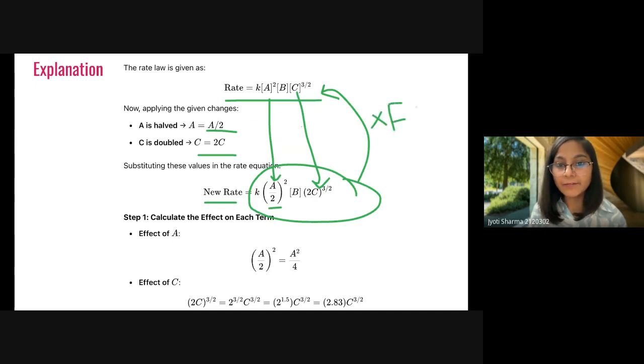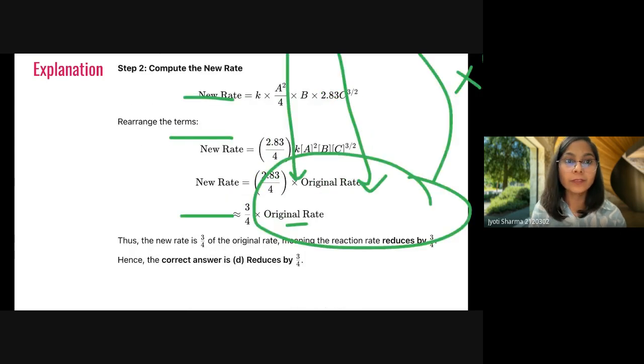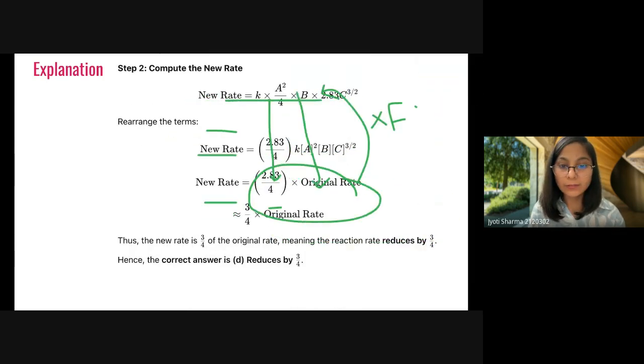That factor will tell how this new rate has changed compared to the original rate. So how can we do this? I think the next slide will give you some clarity on this.